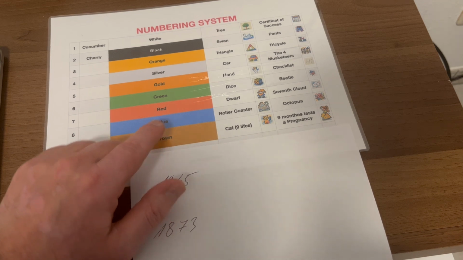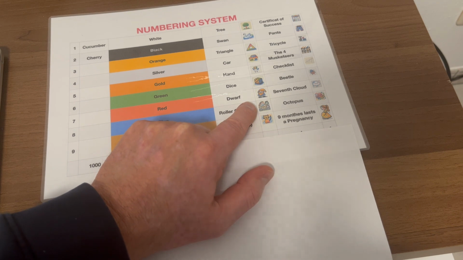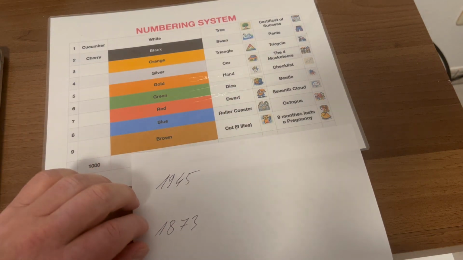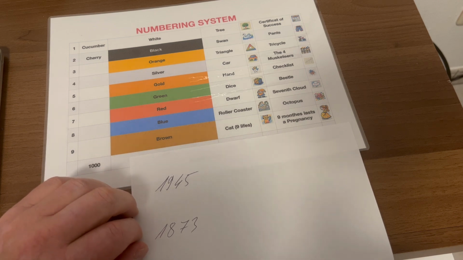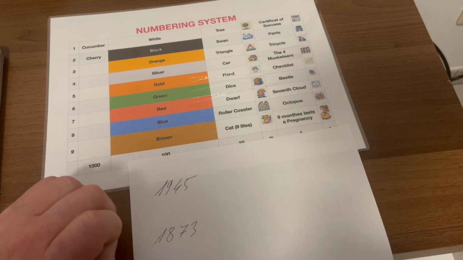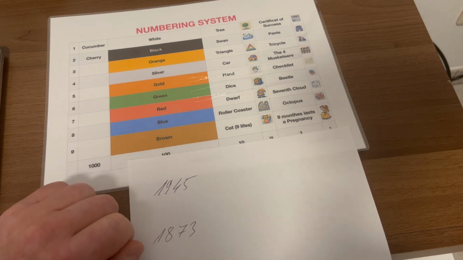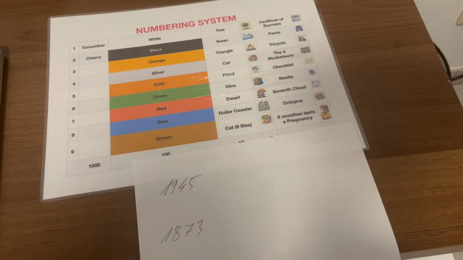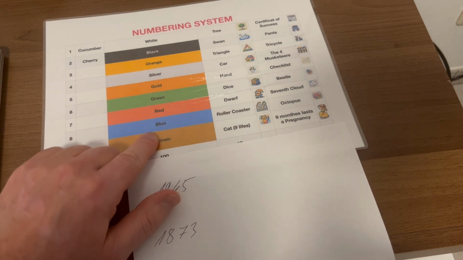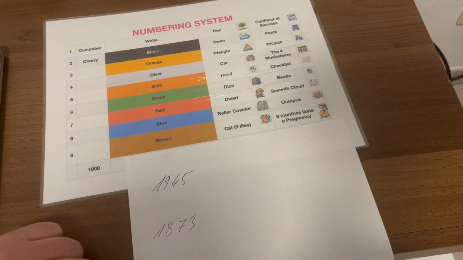So there is a blue dwarf who is always driving with a tricycle who is too big for him, and looks very crazy. So a blue dwarf is driving with a big tricycle. Okay, this is blue 873. Okay, so 1112.